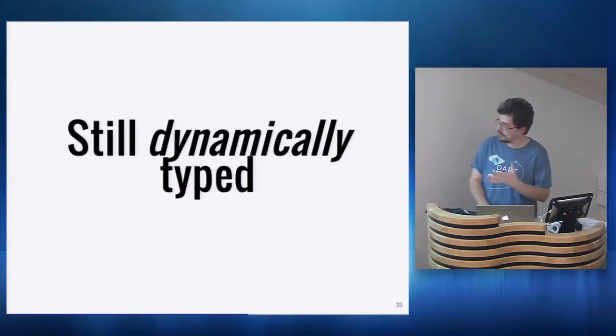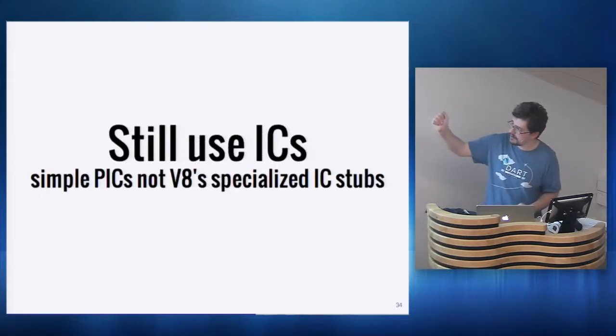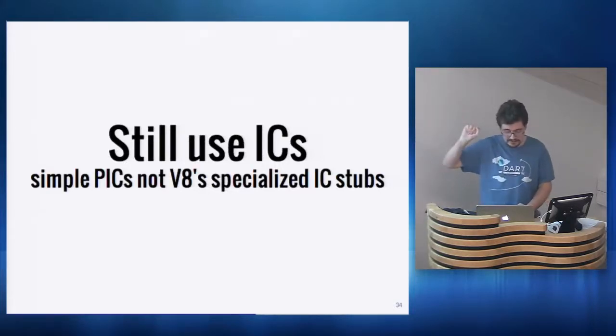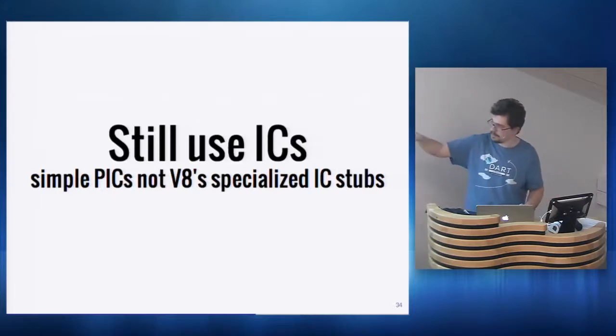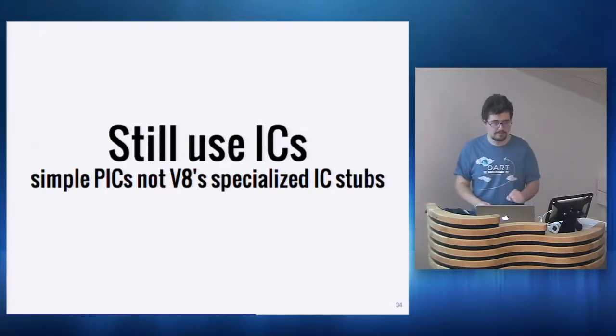So you still have to use inline caching to speed up the resolution of the properties and so on. But once you have all inline caches populated, we use inline caches that are very simple. V8 uses a very sophisticated system of inline cache stubs, where you have pieces of code generated and patched into other pieces of code to provide the peak performance for inline caches.